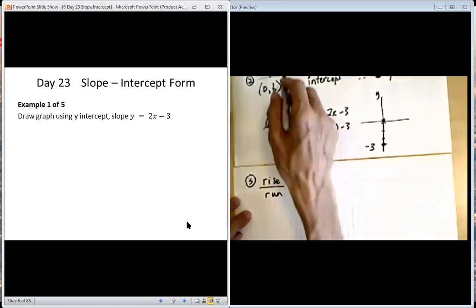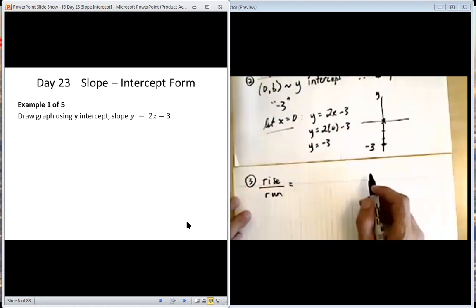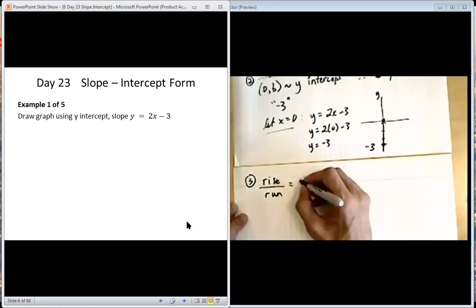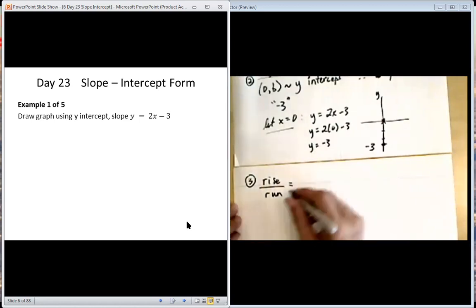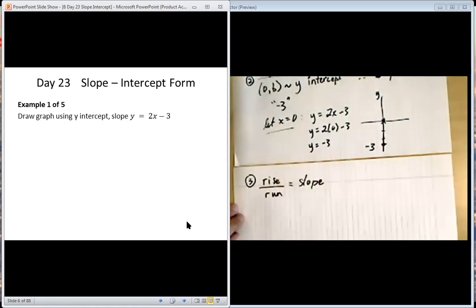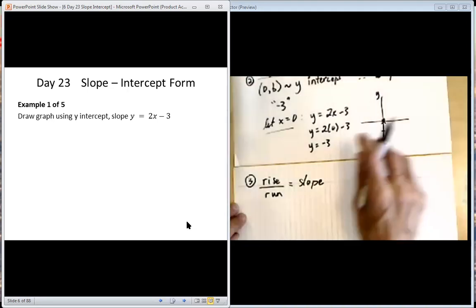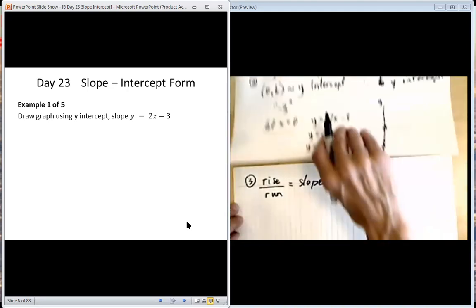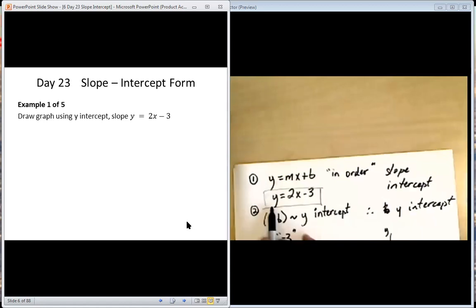And looking at that, the equation is 2x minus 3, still there on the screen, right? This comes from the slope. And so what's the slope of this line that we have here? The slope is the number in front of x all the time.